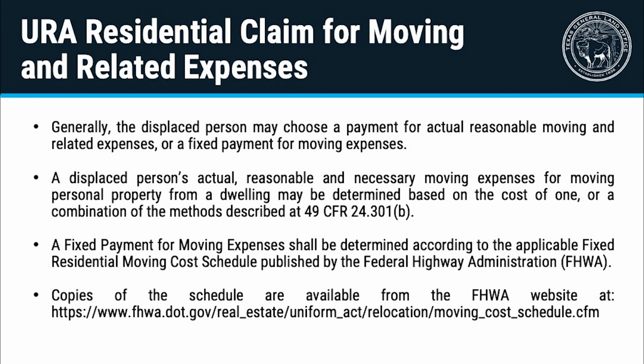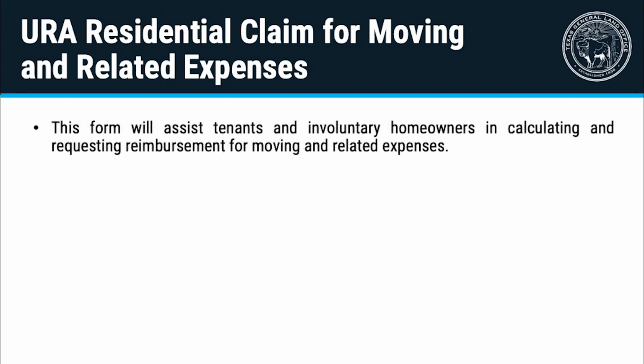A fixed payment for moving expenses shall be determined according to the applicable fixed residential moving cost schedule published by the Federal Highway Administration, FHWA. Copies of the schedule are available from the FHWA website. This form will assist tenants and involuntary homeowners in calculating and requesting reimbursement for moving and related expenses.